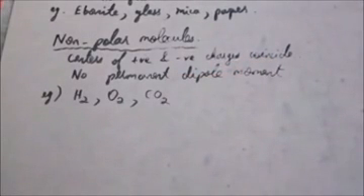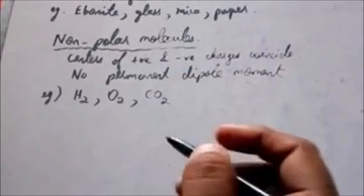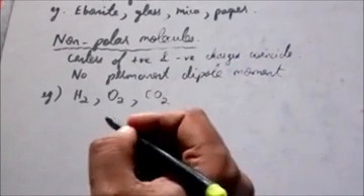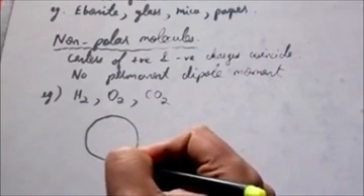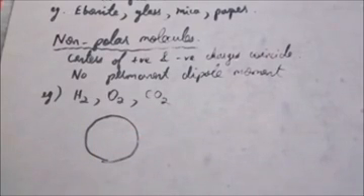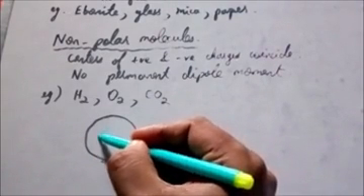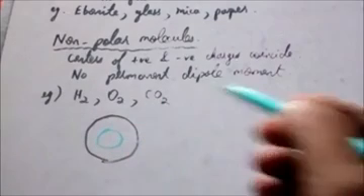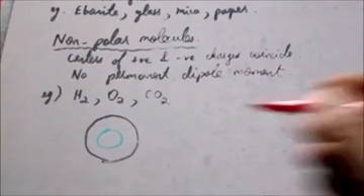Let's see what happens in a non-polar molecule. Let's take this as a non-polar molecule. In it, the centers of positive and negative charges, let me take this as a center here approximately, are in the same place.